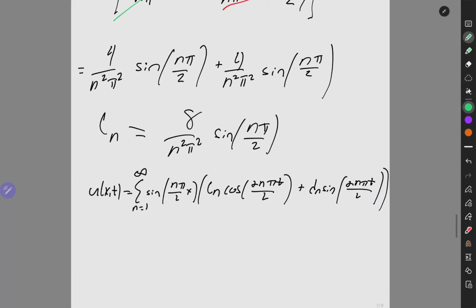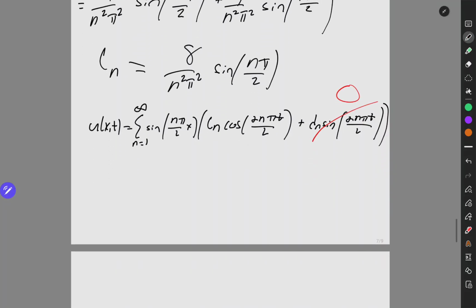And this is 0. So then we're left with sine n pi over L x. Actually, I'm going to put that on the end. We're left with what?